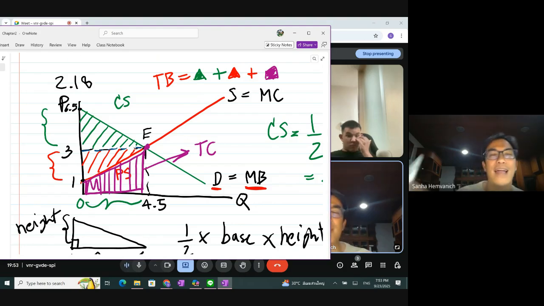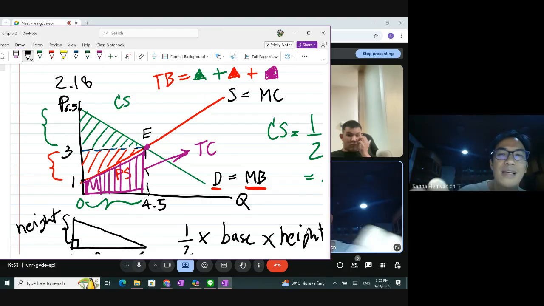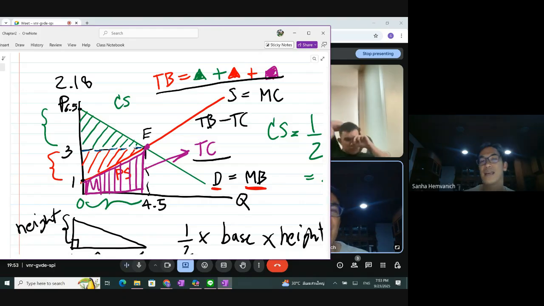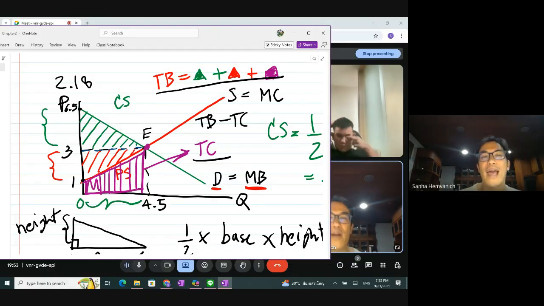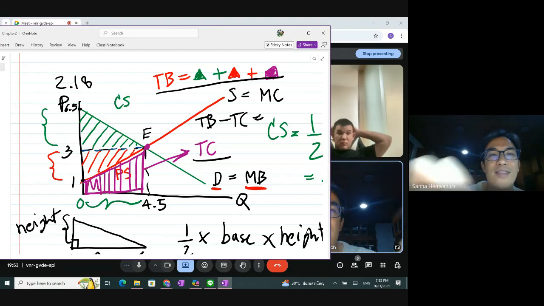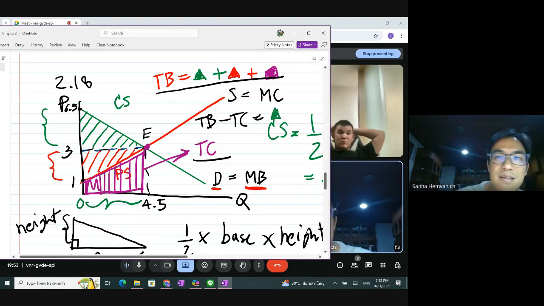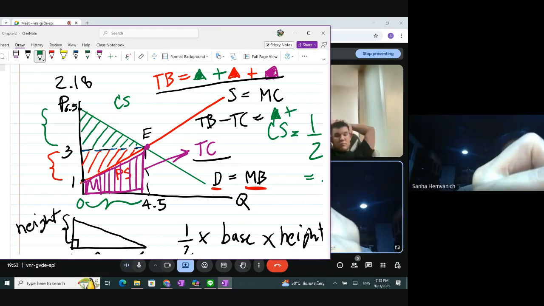So if we subtract TB minus TC, the total benefit up until 4.5 units of the good minus the total cost, what you get is just the green triangle, which is the consumer surplus, plus the red triangle, which is the producer surplus.